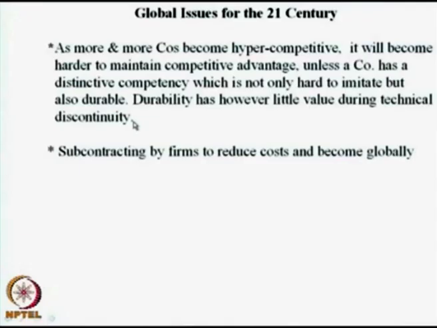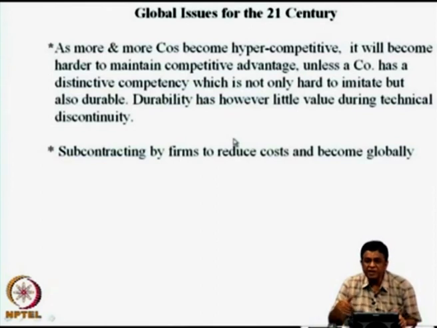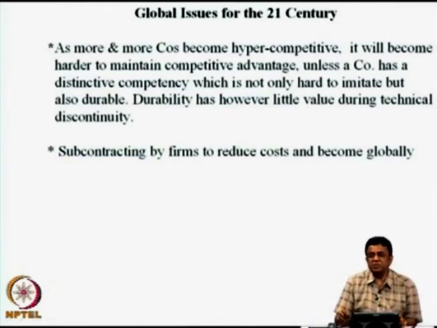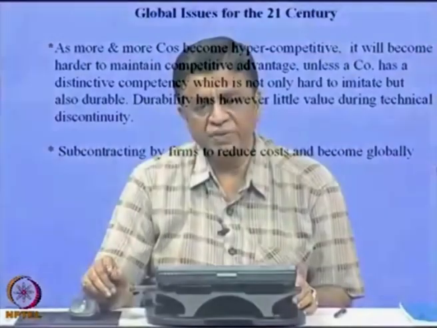So, the firm must be able to sustain competitive advantage, and the key to sustaining it is making it hard for the other competitive players to imitate, and also your competitive advantage should be durable. Now, suppose the technology itself becomes obsolete, then what is going to happen? That is, you were in a particular type of technology. I can give you the example of the Indian Telephone Industries.